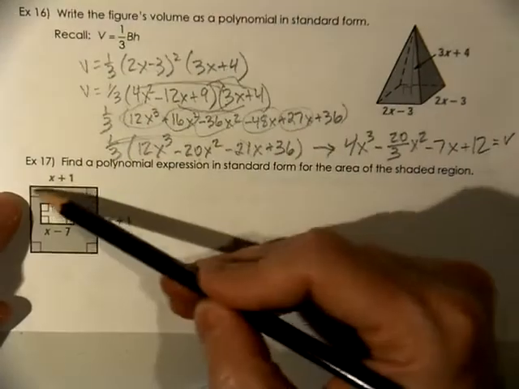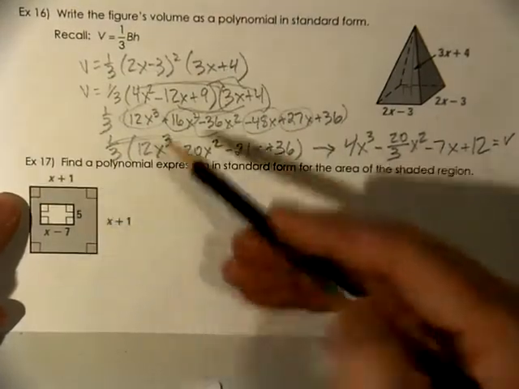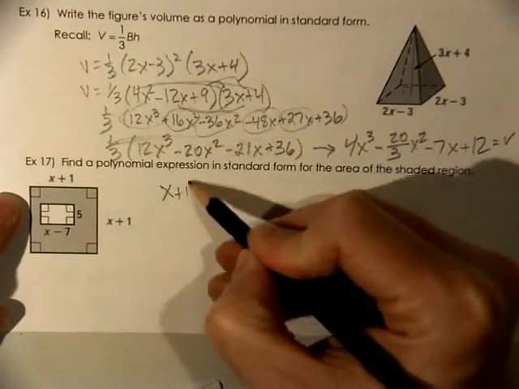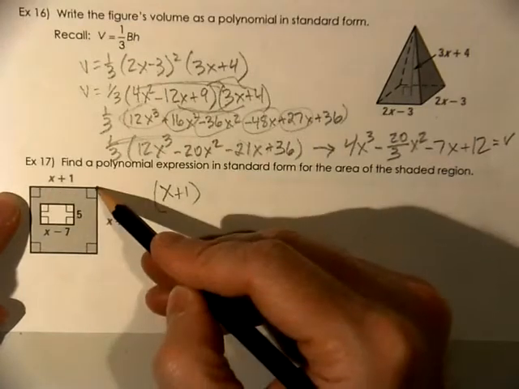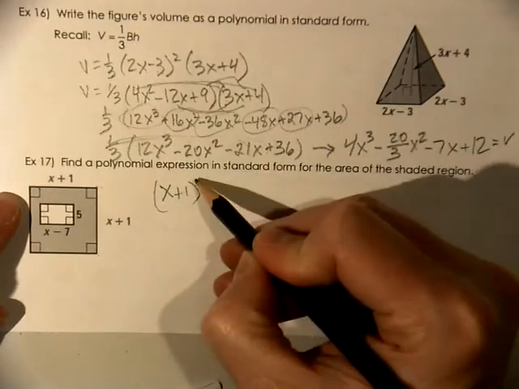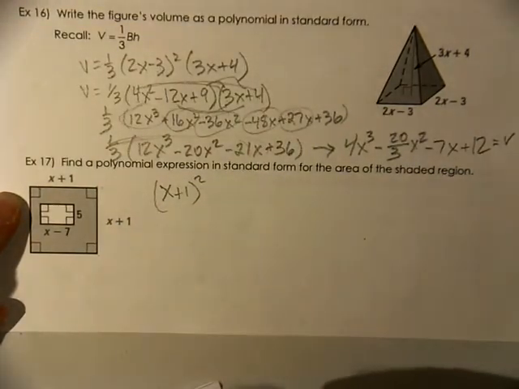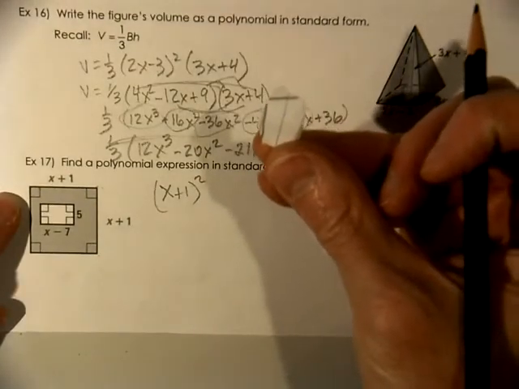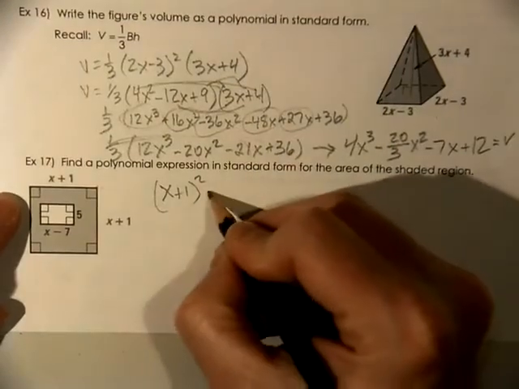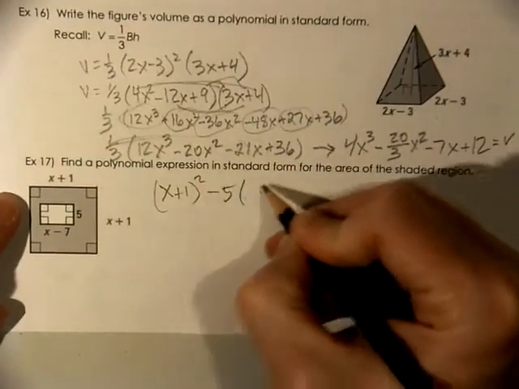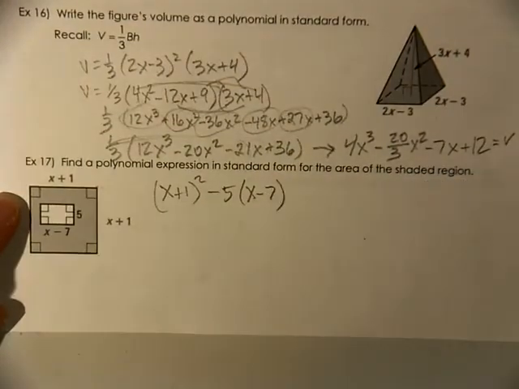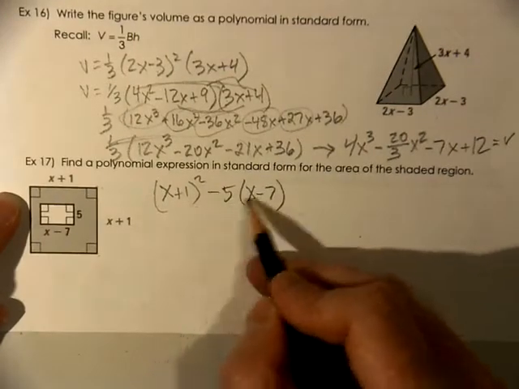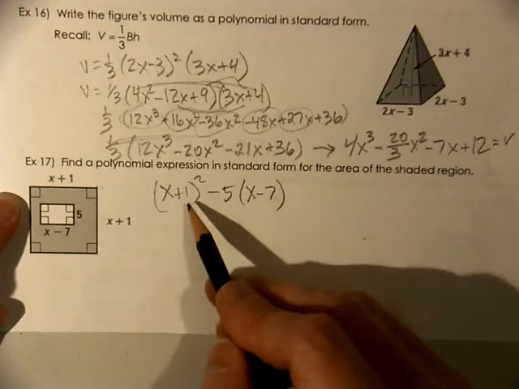Well, if we know the whole piece is x plus 1 times x plus 1, that gives us x plus 1 squared. And we just subtracted, we just took this out of it. So we subtracted 5x minus 7. That leaves us with multiplying and trying to figure this part out.